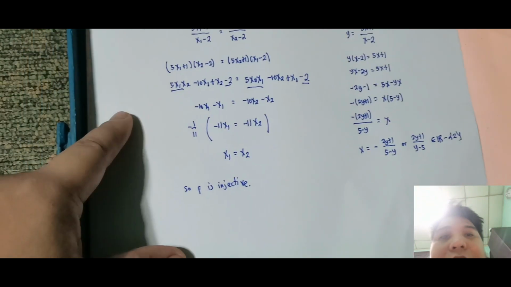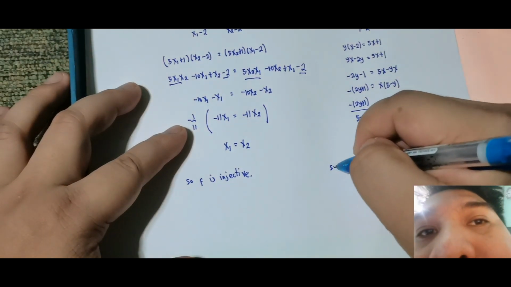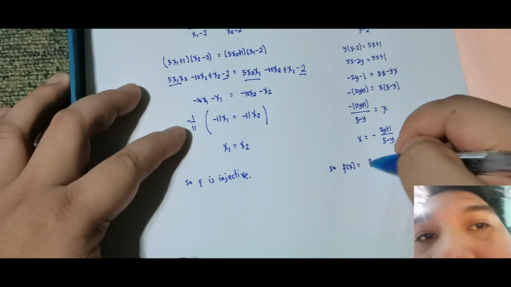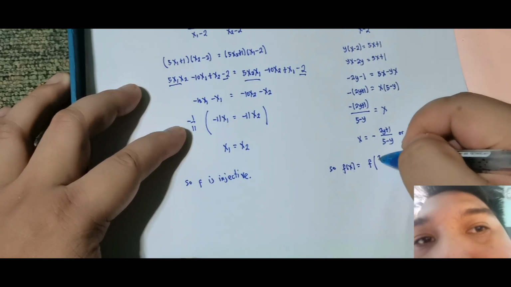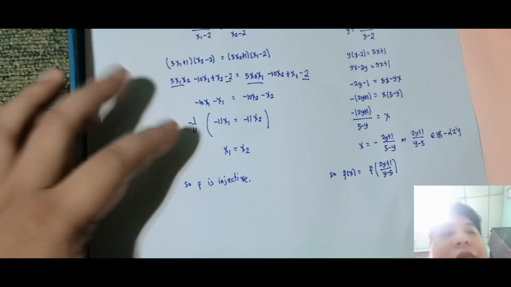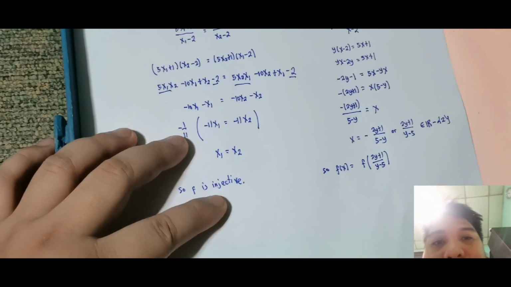Okay, since ganyan na, f of x is equal to f of (2y plus 1) over (y minus 5). Then ipapalit natin dun sa loob sa 5x plus 1.